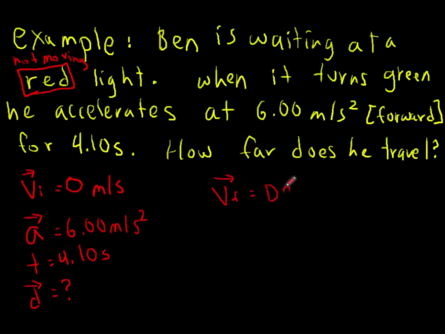Since it's not listed in the problem, Vf is don't care, and this tells us that we should use formula number 3. Because formula number 3 doesn't include the variable Vf.